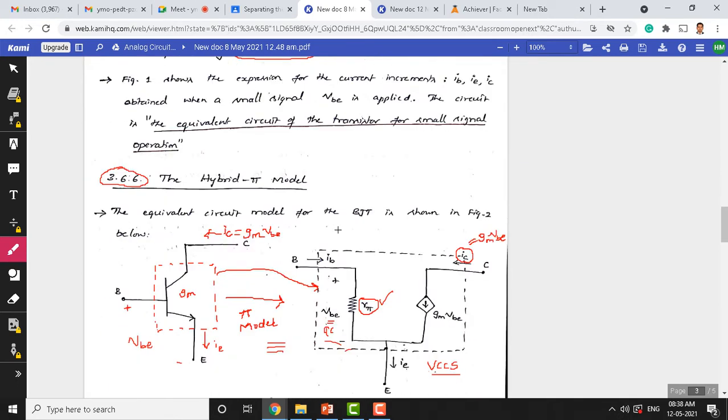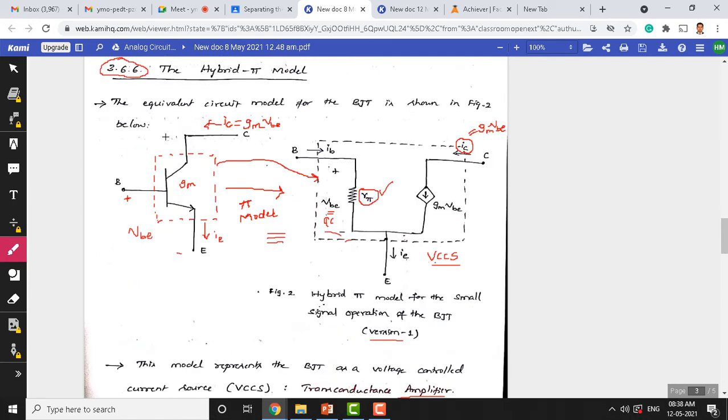Following this, we discussed the hybrid pi model, which is the simplest and a very popular model for the bipolar junction transistor. We showed how to develop this model. Here we have an NPN transistor, a bipolar junction transistor. Its equivalent is shown here with two components.